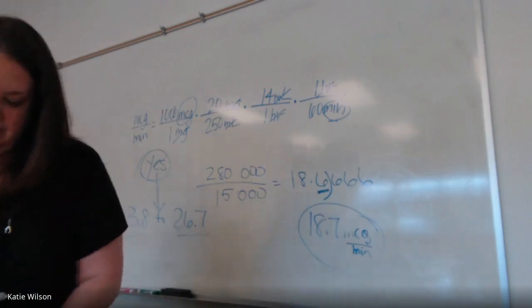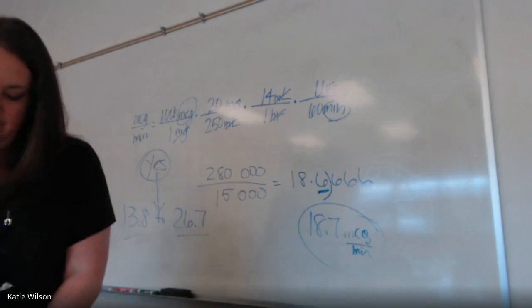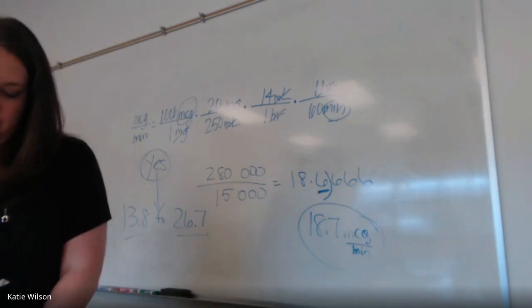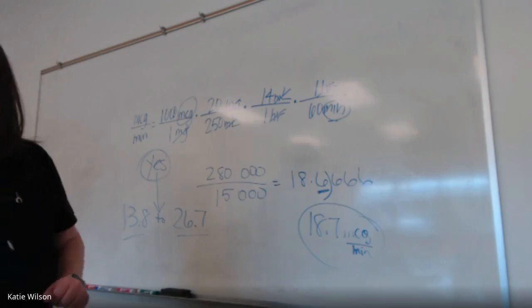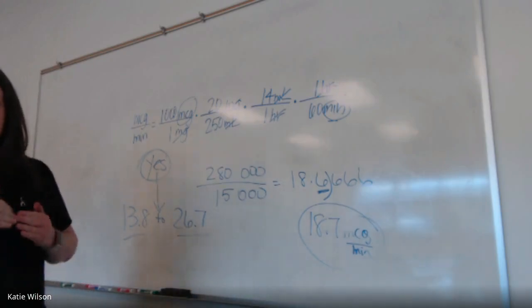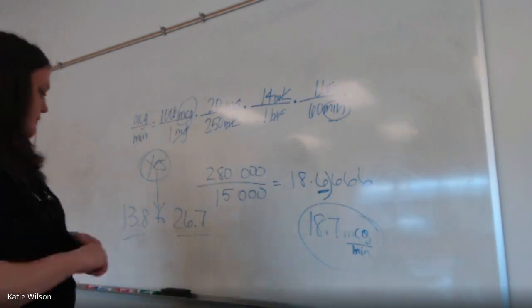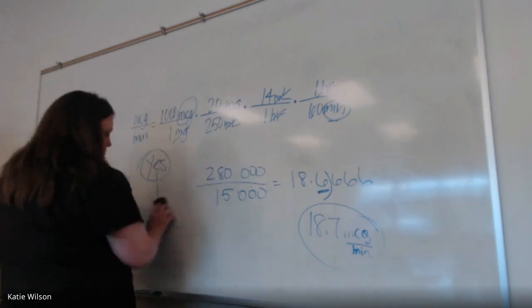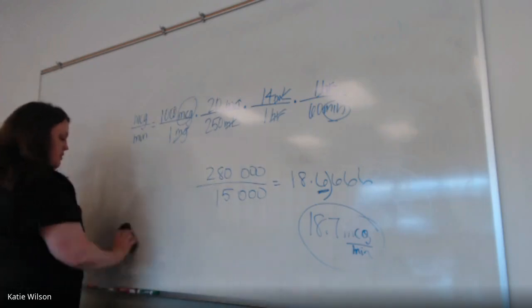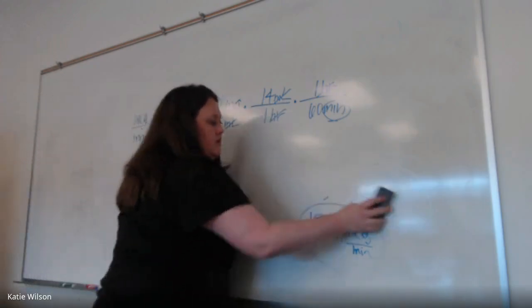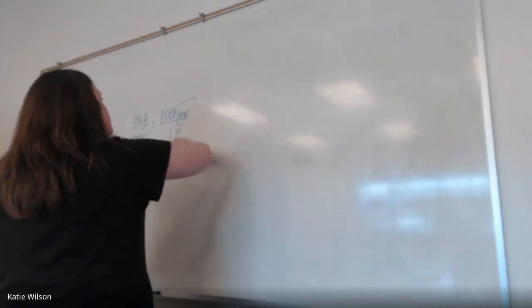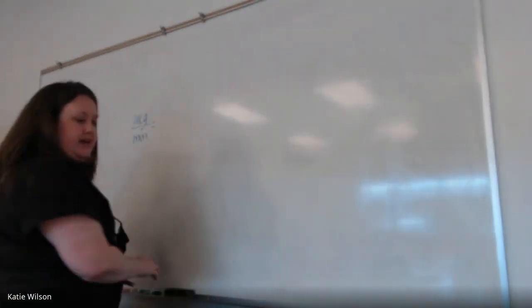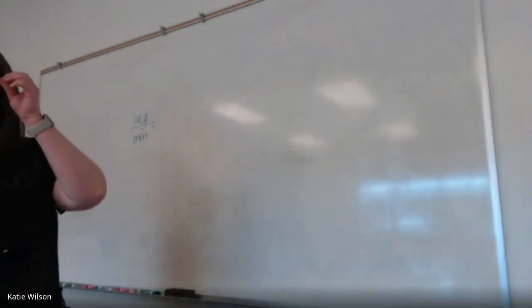How about do number 9 for me? So remember, Leanne, that you do not need the range. If it gives you the range, you don't need it in this instance. So you're figuring out how many micrograms per minute.